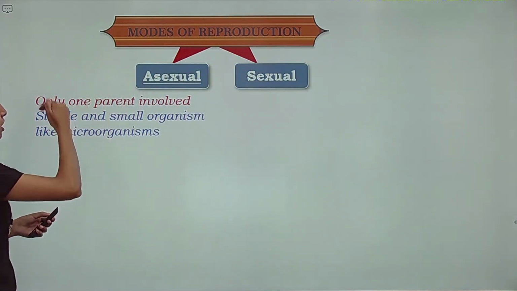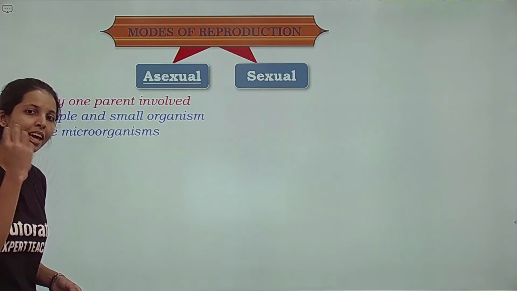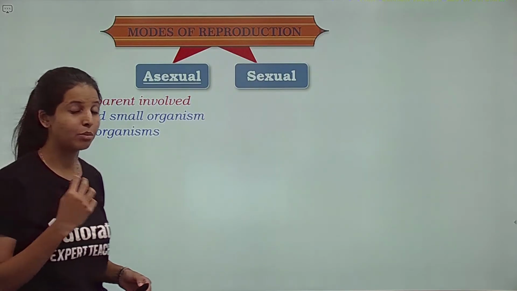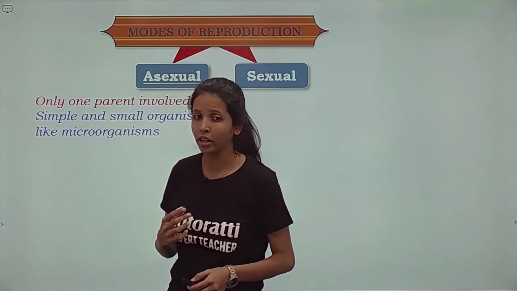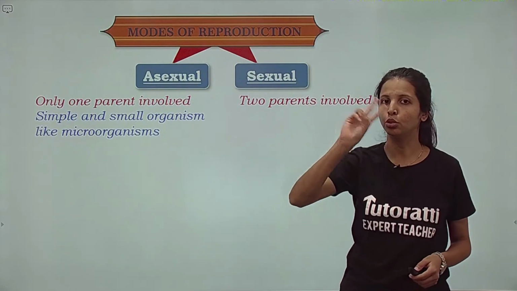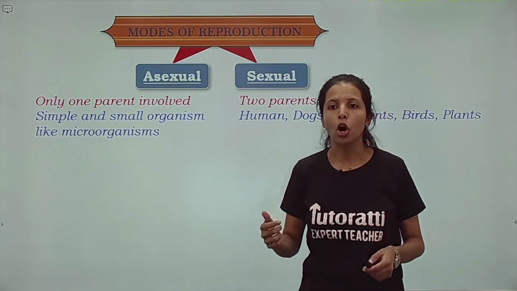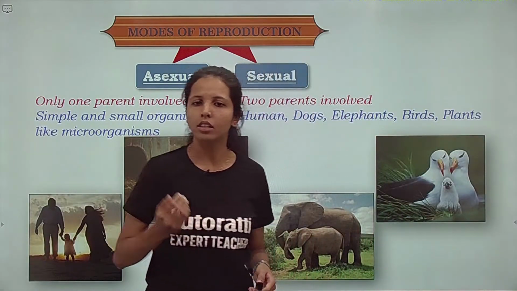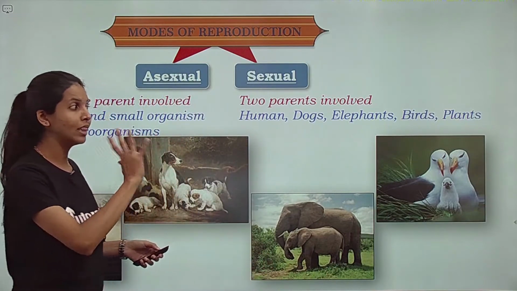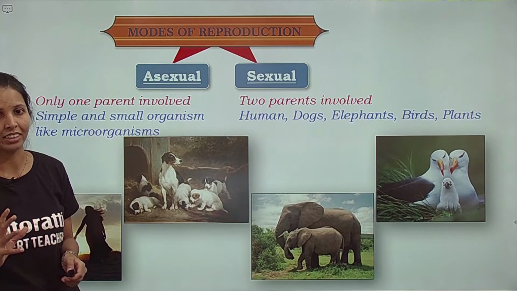Asexual reproduction is seen in simple and small organisms, whose body design is quite simple, for instance microorganisms. In sexual reproduction, as I told you, two parents are involved. Humans, dogs, elephants, birds, plants, or rather all the complex organisms fall under this category.